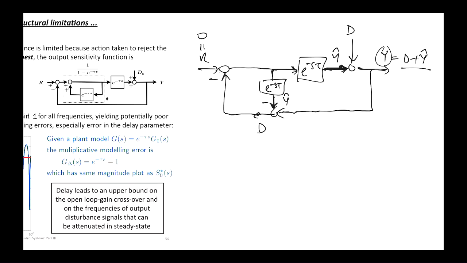Well, let's think about the situation where D is just a step in time, okay? That's not a very straight step. So D just being a step, all right? Now, no matter what control action I take, it's only seen after some delay. Okay, so I can do this, I can reconstruct my step here and put it in here, and what I'll get out is some delayed version of it.